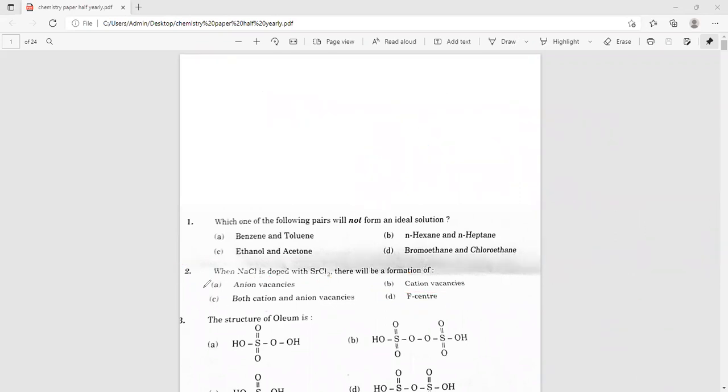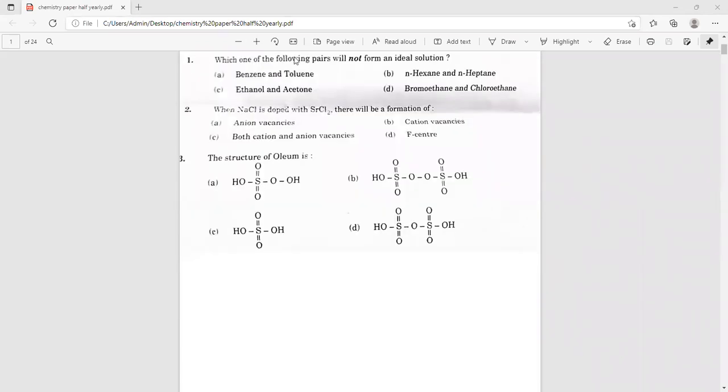Question number 3. What is the structure of oleum? What is the formula of oleum? It is H2S2O7. This is the formula of oleum.